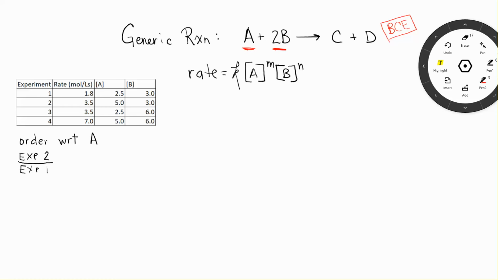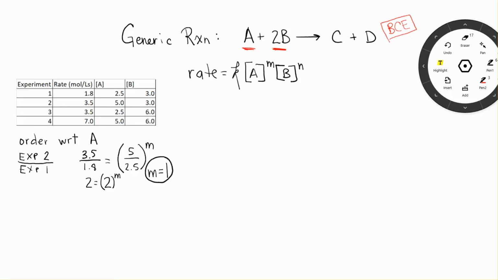So in this case, we have the rate of 3.5 in experiment 2 divided by the rate of 1.8 in experiment 1 is equal to the ratio of the concentration of A, 5, divided by 2.5 to that order with respect to A, which I'm calling M. So now we just solve this. You get 2 equals 2 to the order of M. M is equal to 1.